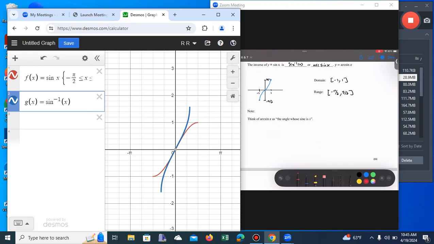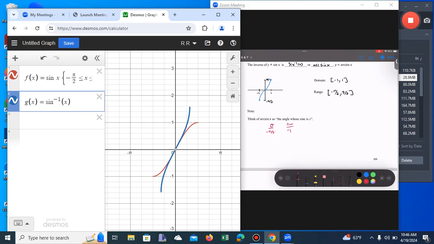If you think about it, on this graph negative 1 corresponds to the angle negative pi over 2. You get the answer of negative 1 for sine x.